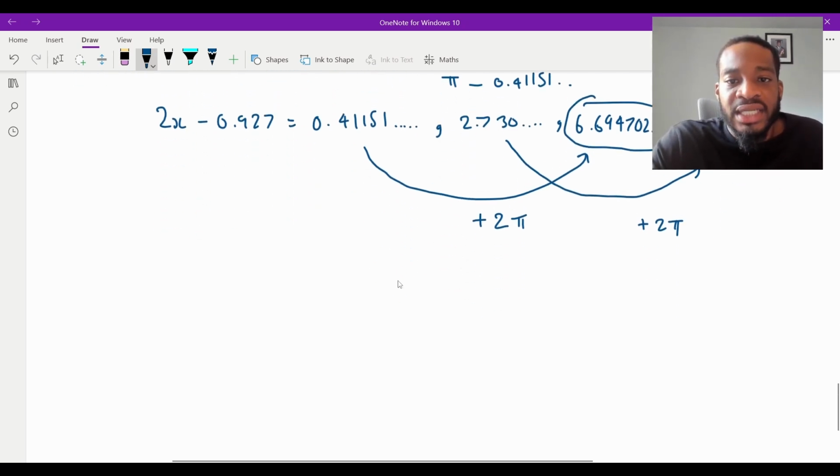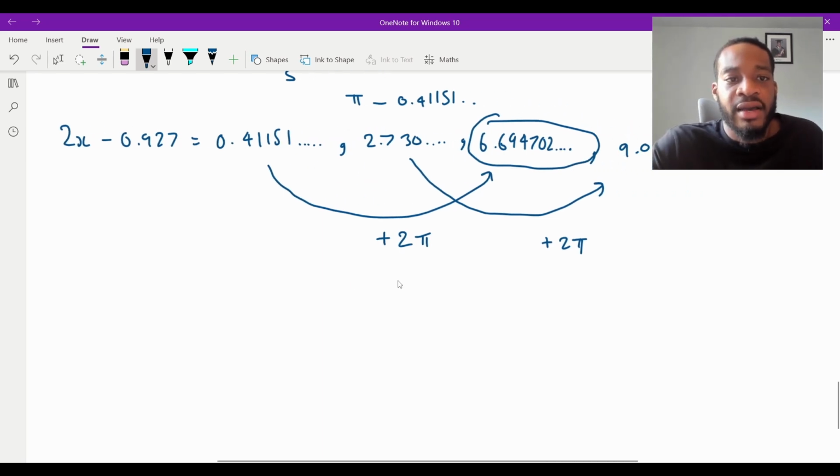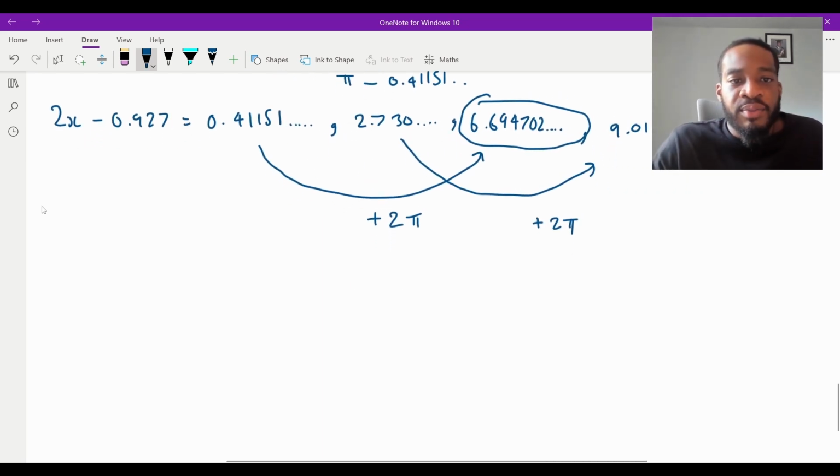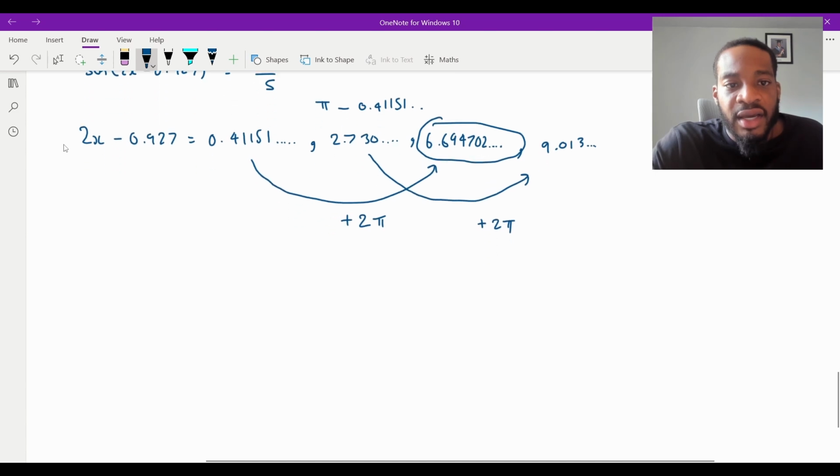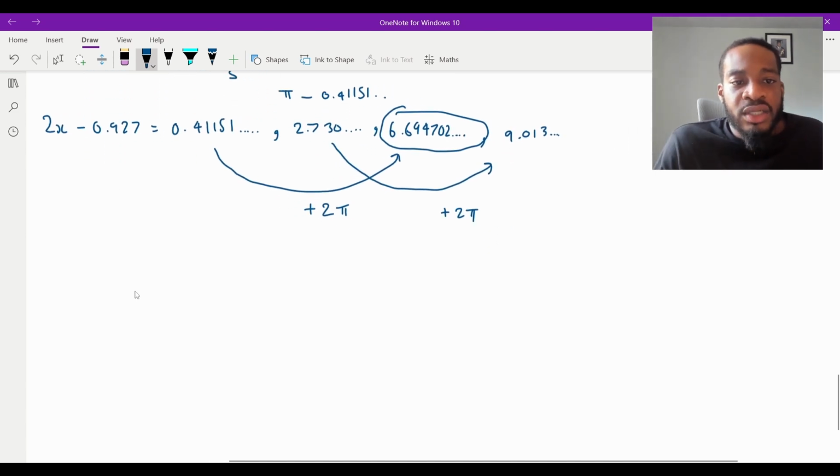So then now what we can say is that this one, if I put this here, let me zoom out a little bit so you can see everything clearly. Yeah, so now it's literally just going to be 2x minus 0.927 is going to equal 6.694702 blah blah blah.